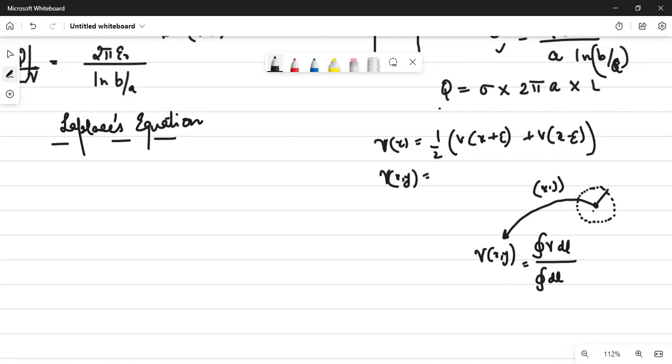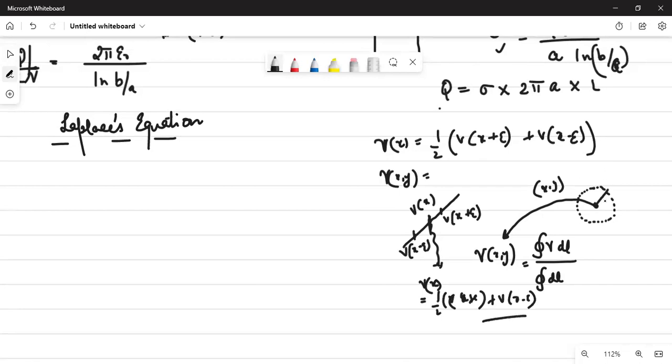See, in the case of one dimension, the potential at point x would be equal to half of the sum of the potentials at points equidistant and symmetrically situated about x. For example, I will find V(x plus epsilon) and V(x minus epsilon), and this is how I'll be able to find the potential V(x), which will be equal to half of V(x plus epsilon) plus V(x minus epsilon).